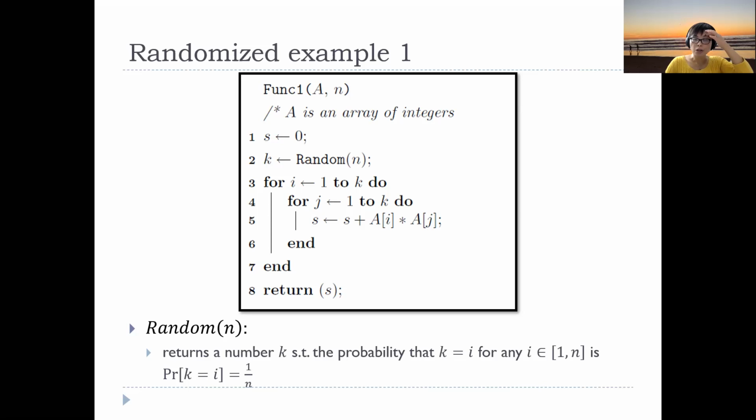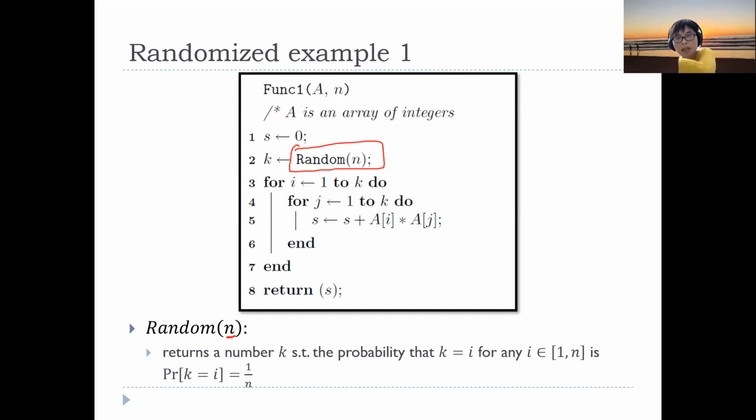Okay, so let's first look at this example. Inside, I have a function I call random. What random does is that it basically picks one number from 1, 2, 3, all the way to n, picks a random number out and returns it as k.